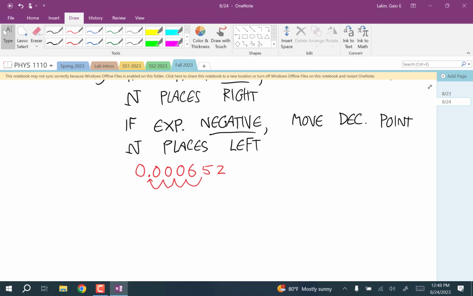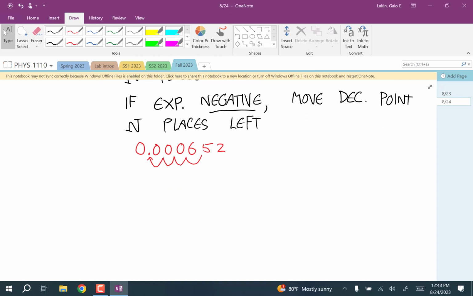Okay. And then the last thing we need to talk about with units and scientific notation is unit prefixes.